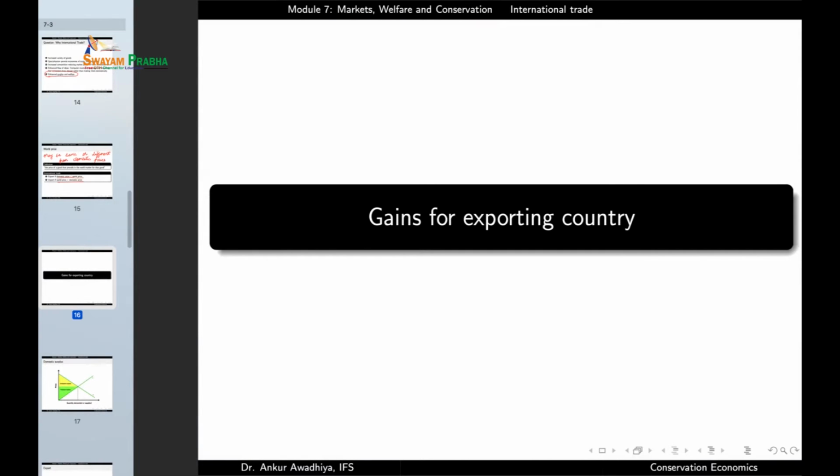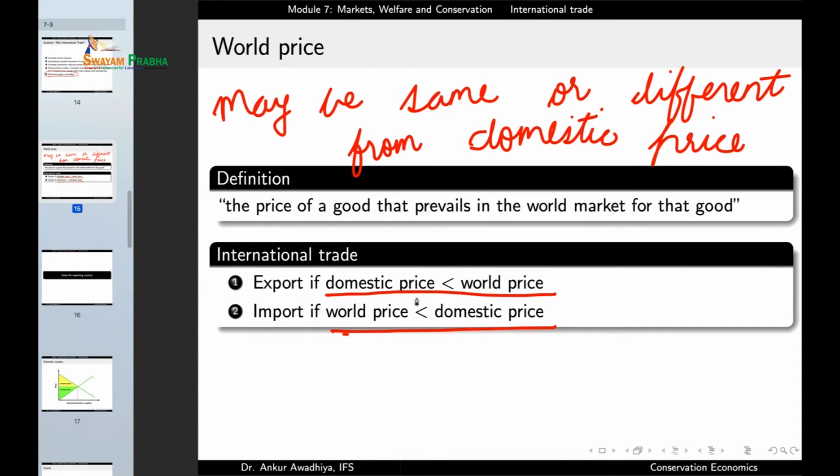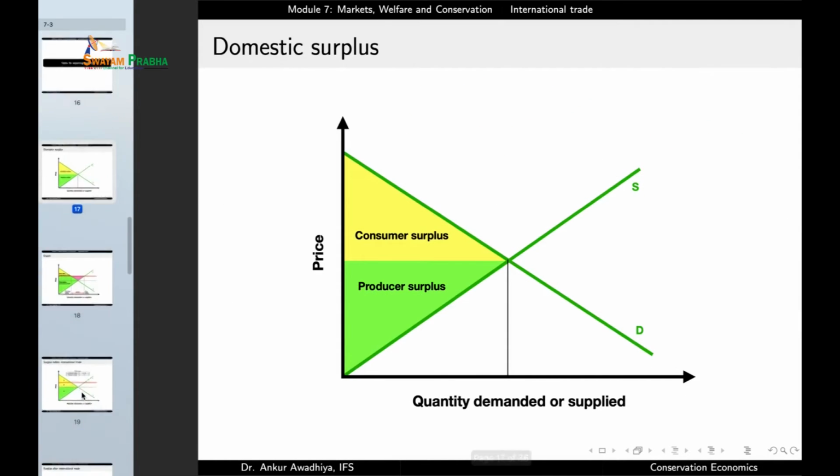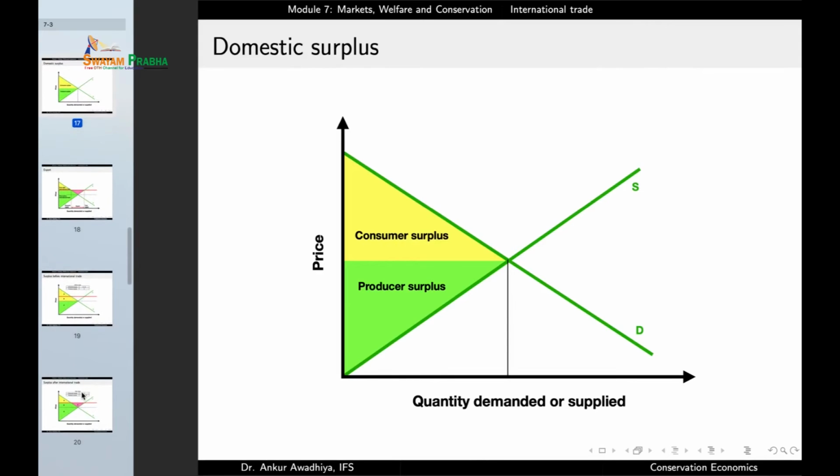So when we are saying an exporting country, then it means that the domestic price in this case is less than the world price. So let us now start from the domestic surplus. Now in the domestic market, these are the demand and the supply curves. And the point where both of these curves meet gives us the prevailing domestic price and the domestic quantity demanded or supplied.